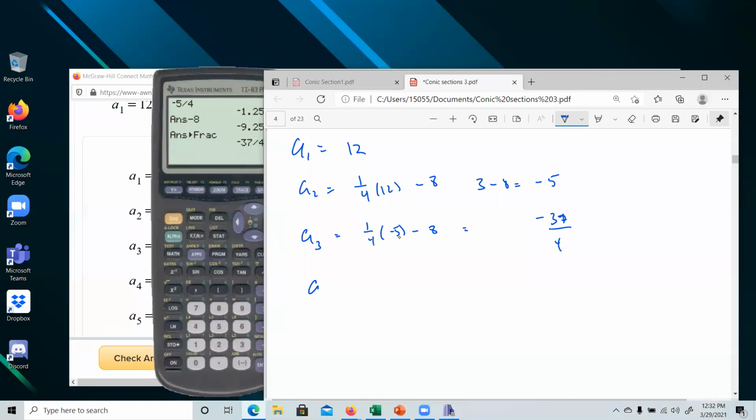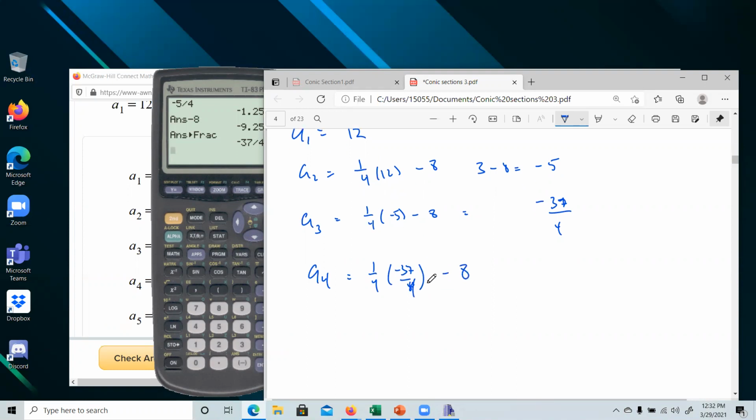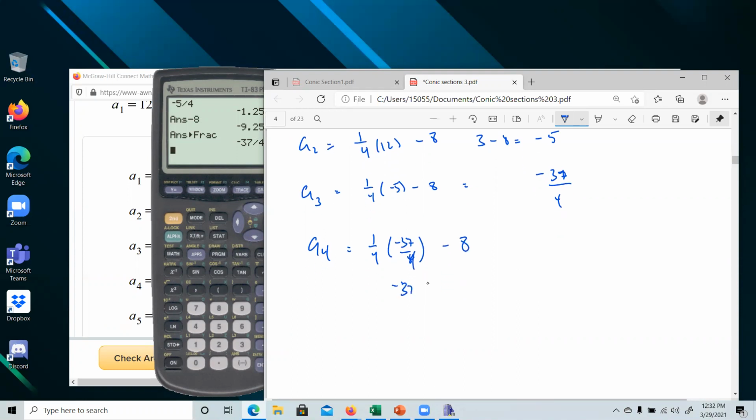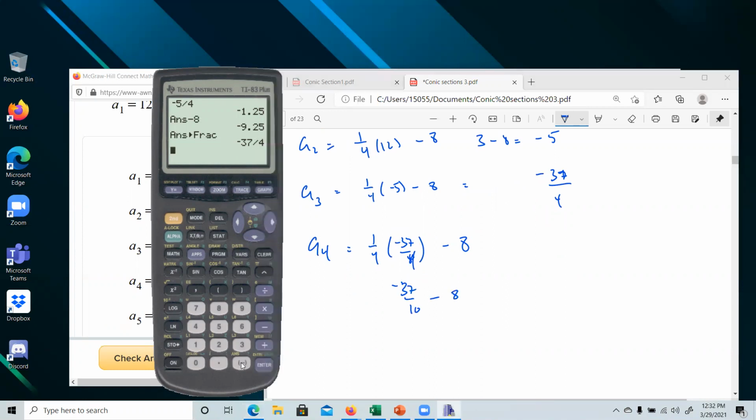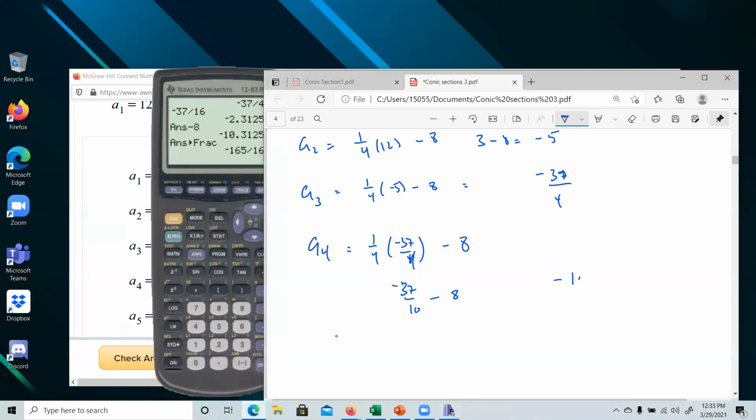Okay. a4 is 1/4 times negative 37/4 minus 8. So negative 37/16 minus 8. So negative 165/16. Okay.